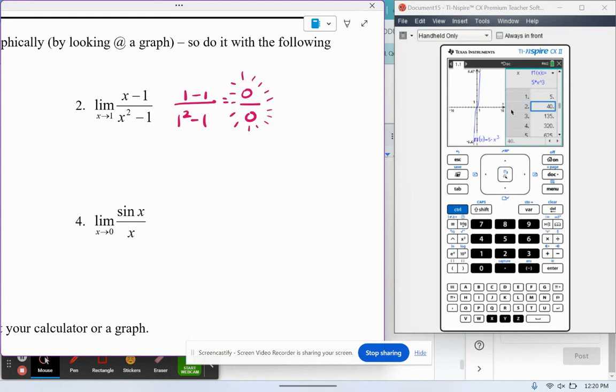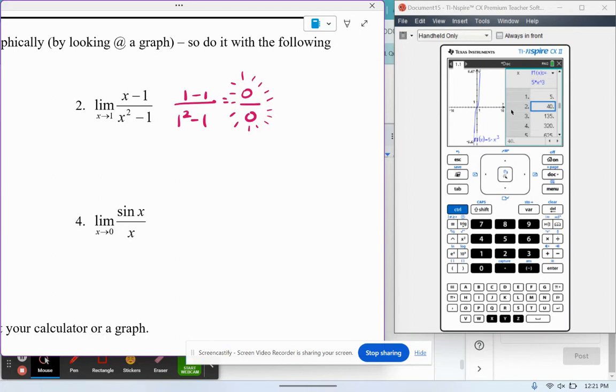So if we get 0 over 0, it means that there's a hole in your graph at that specific x value. So what you can do is algebraically manipulate the original, try to get it into an alternative but equivalent form, then resubstitute and see what happens.